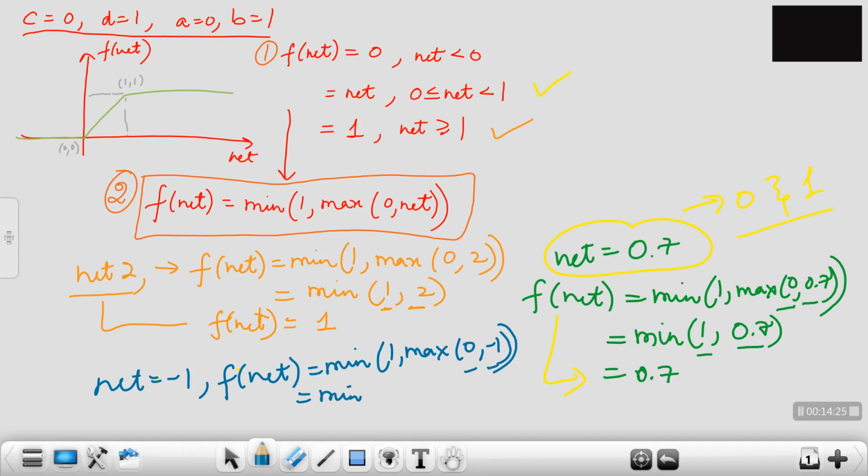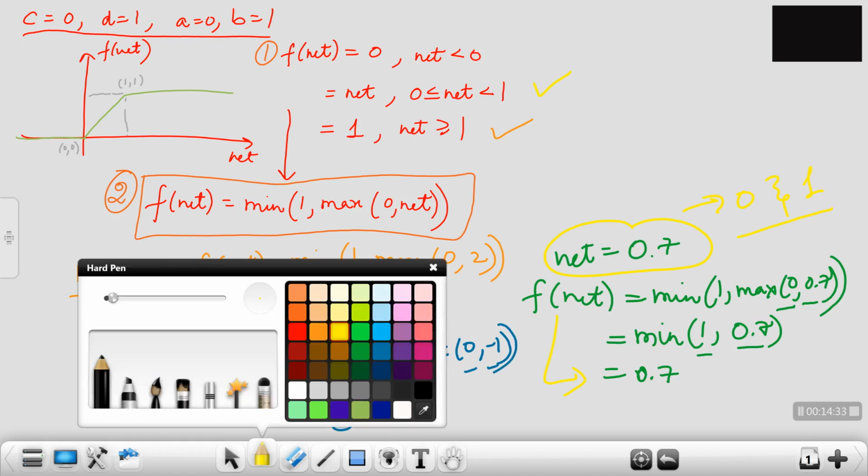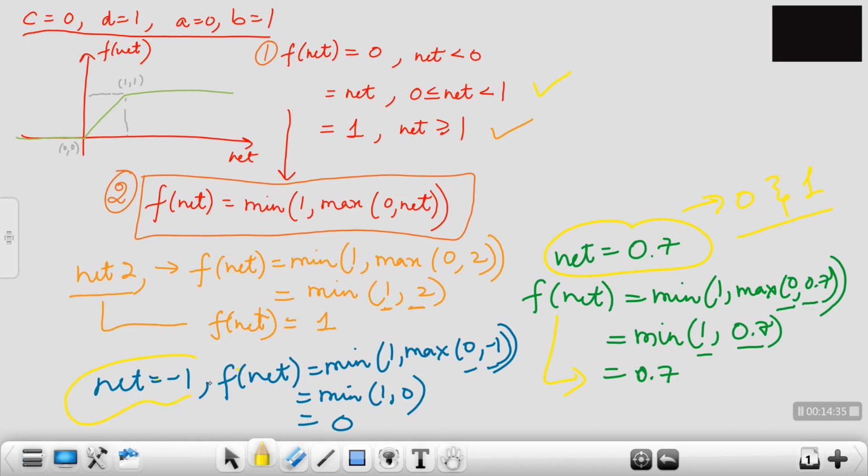So it will be minimum of 1 comma 0. What is the minimum value between 1 and 0? Answer is 0. So because net is a negative value, net is minus 1, the answer f of net is equal to 0. So you remember this particular equation, it will be used somewhere later on and it will be useful. So this is a ramp function.